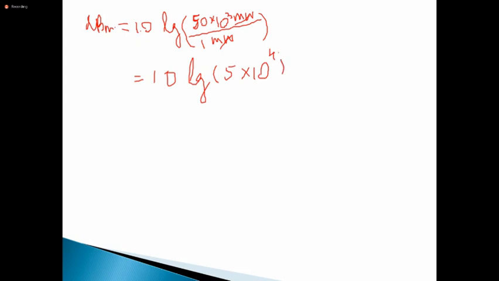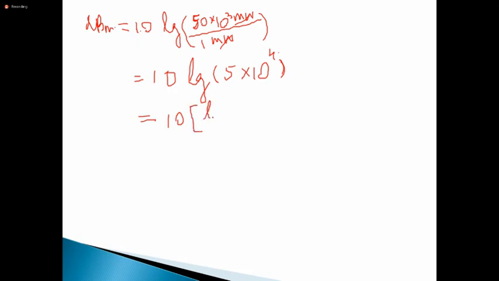Now the log rules. In log rules, a multiplication is an addition in the logarithmic scale. You can add the two logarithms together.